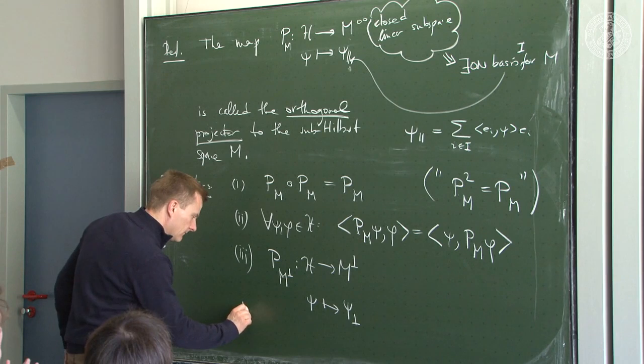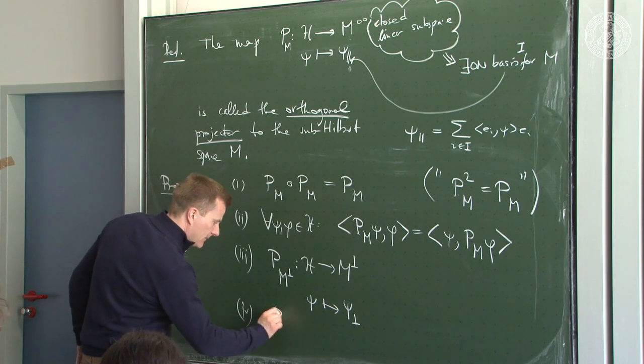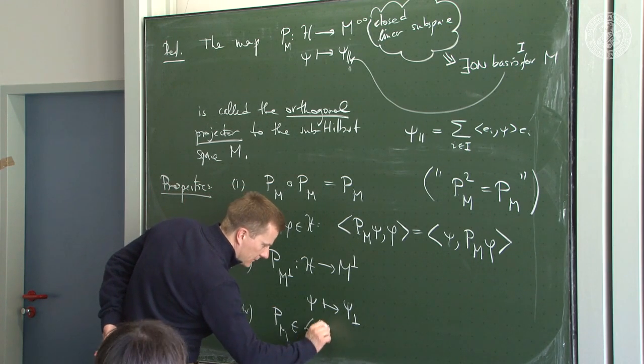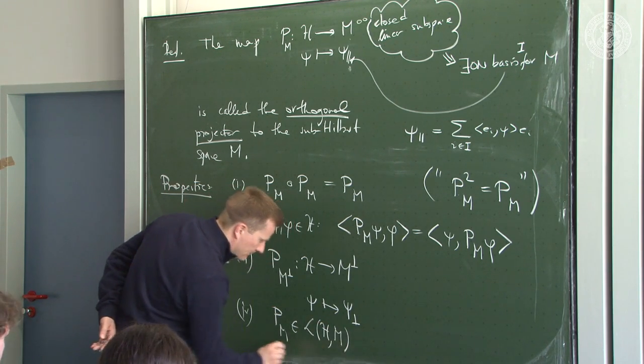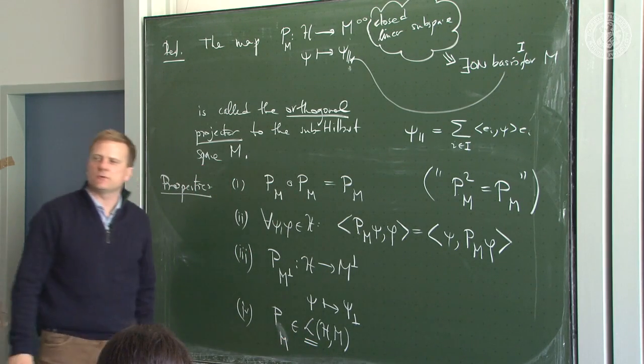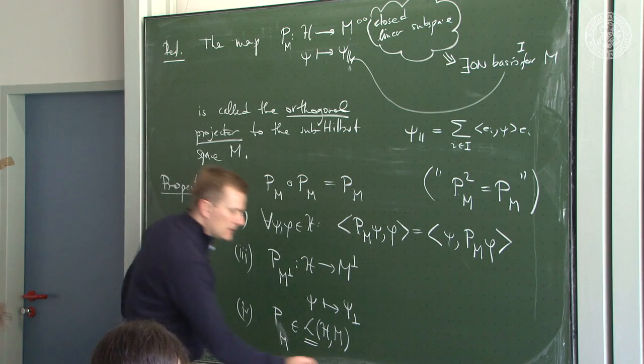And fourth, the Pm map is bounded. It's a bounded map from H to M. You remember the symbol for the bounded maps, this curly L. It's a bounded map.